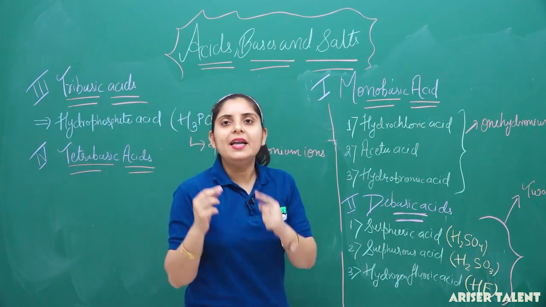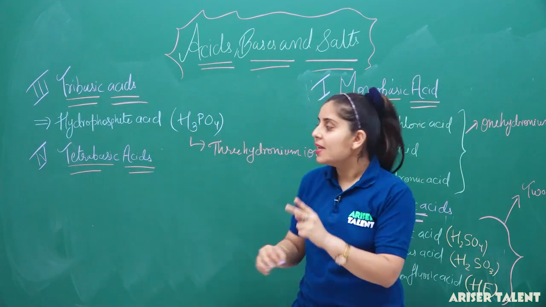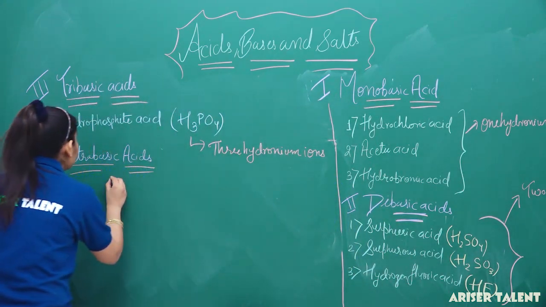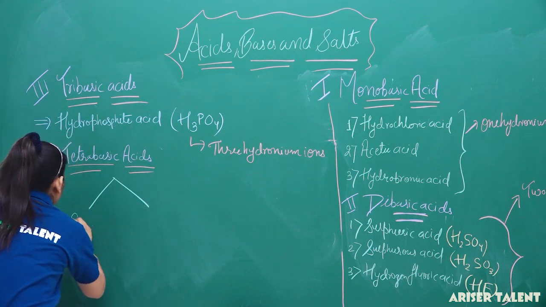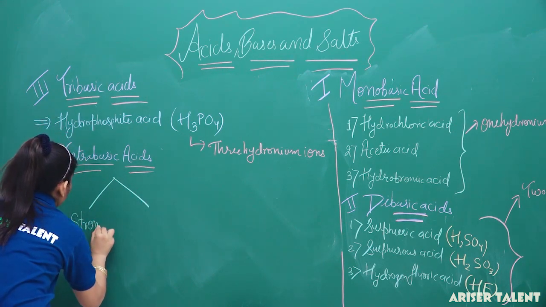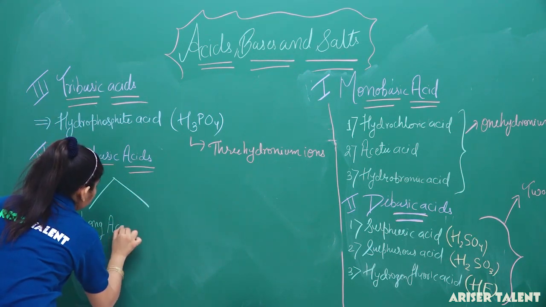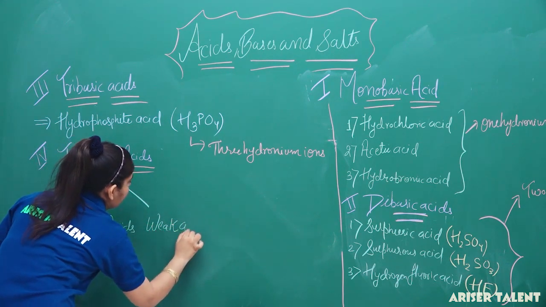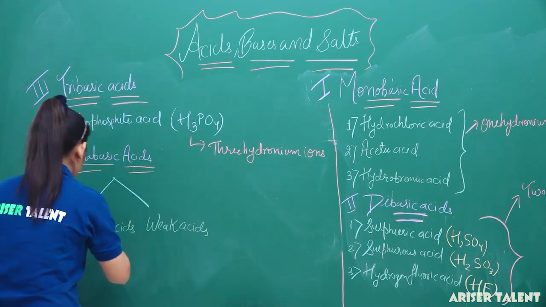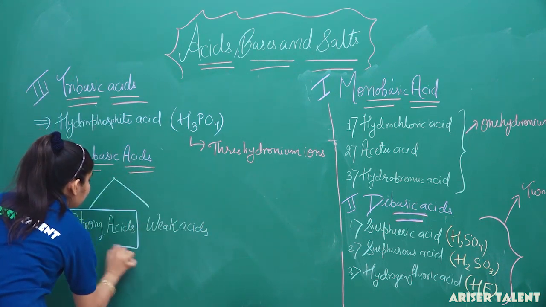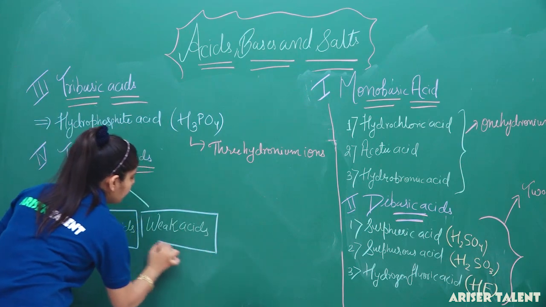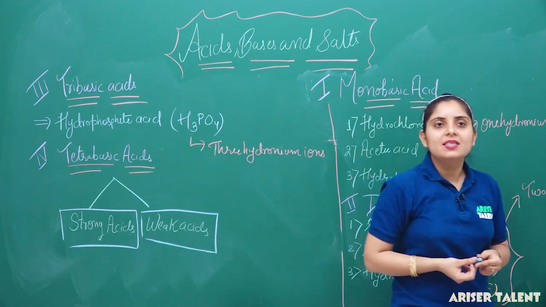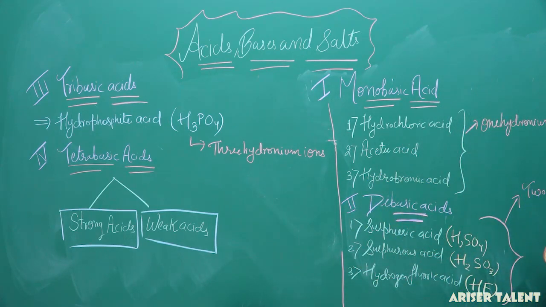So again, in tetrabasic acids we have the two categories, that is strong acids and weak acids. First one is strong acids and second category is weak acids. But before proceeding to strong acids and weak acids, you can copy it from here.